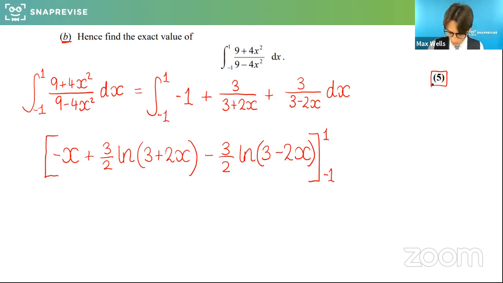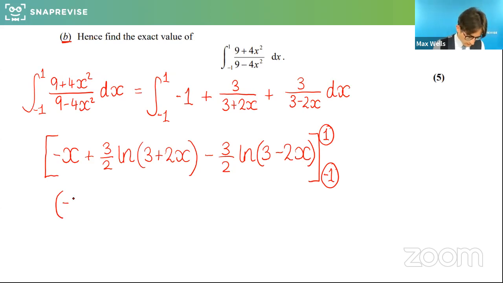Okay, so we'll work through this because we're getting there now. What we do is we sub 1 in as x, and then we sub -1 in as x, and we take it away from each other. I'm going to leave it all exact, and then we go back to normal brackets for this stage.